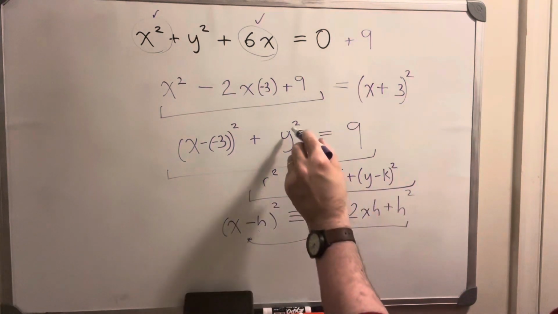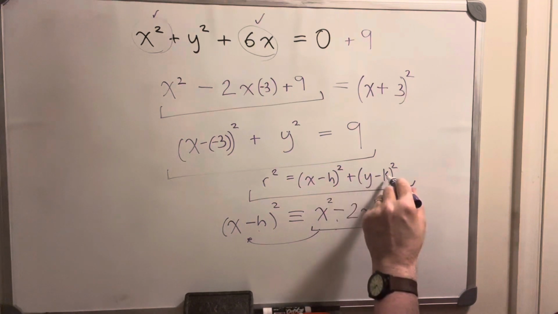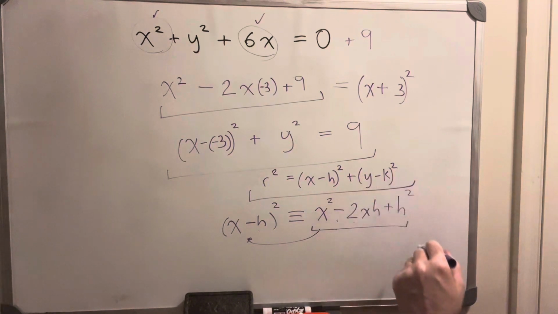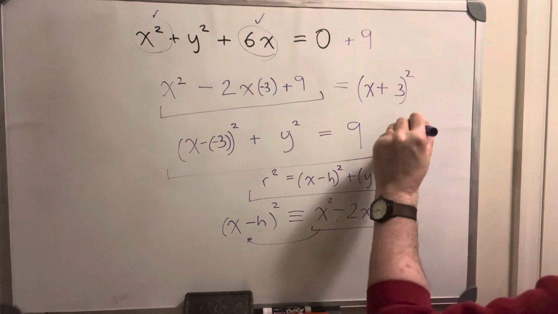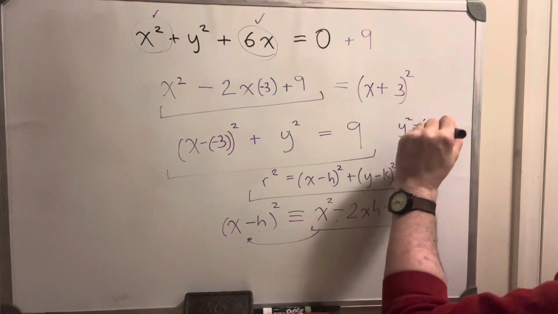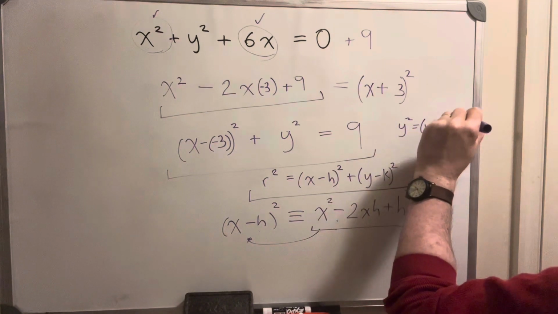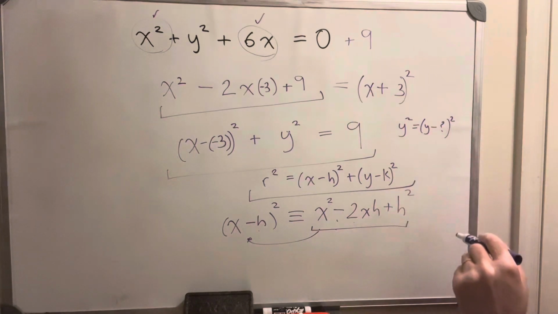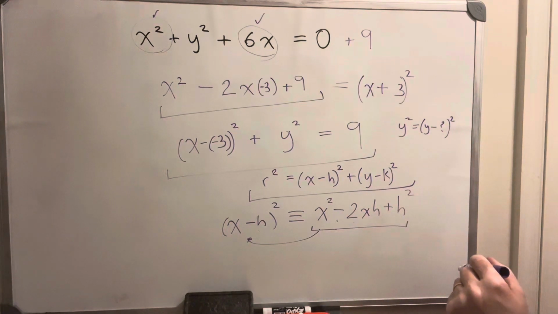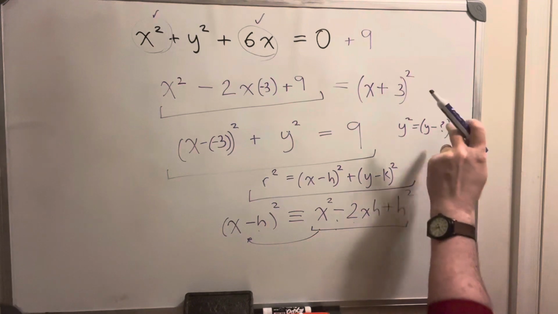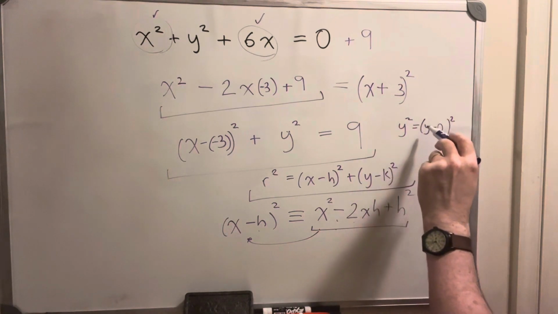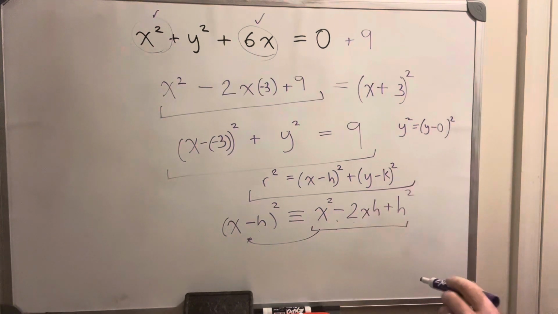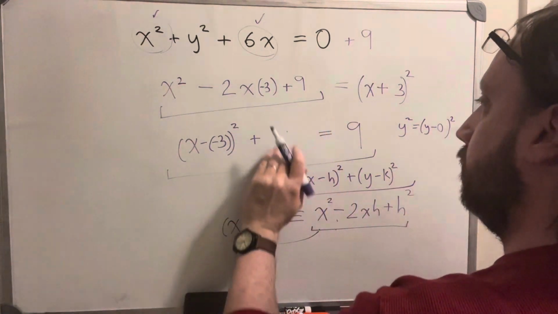So if we just have a y and we need it to be in this form, I think it's pretty obvious what to do. What does this mean that the k value is? It just means that the k value is 0, because y squared is the same as y minus 0 squared, right? So we can write it this way.